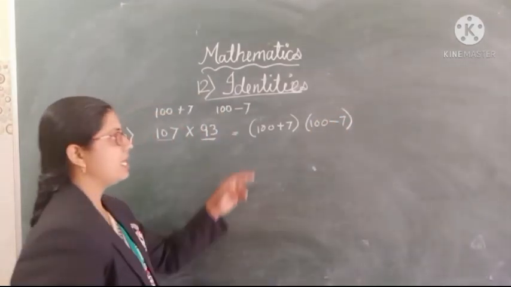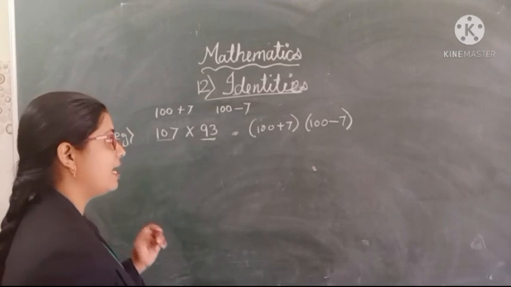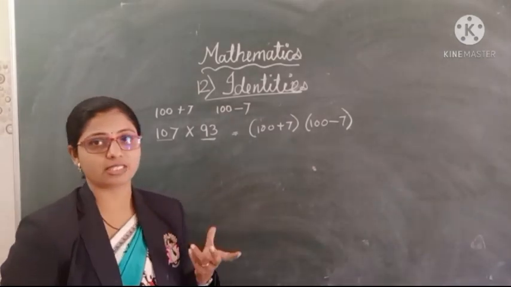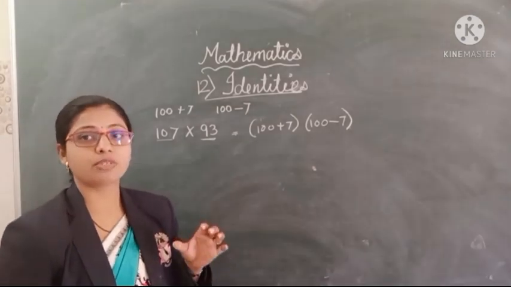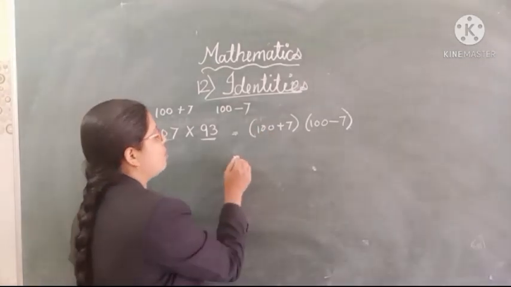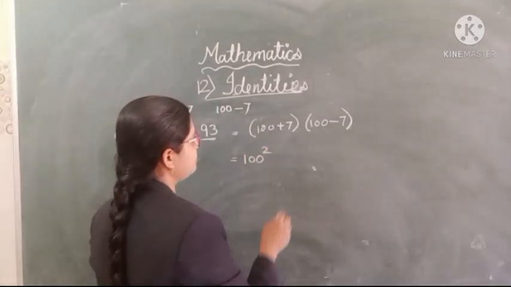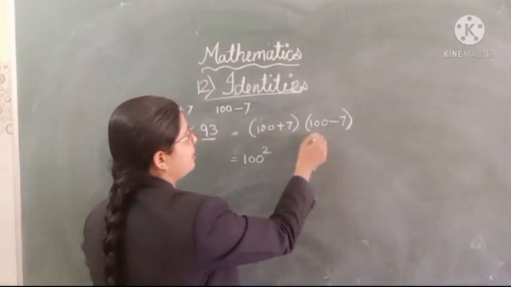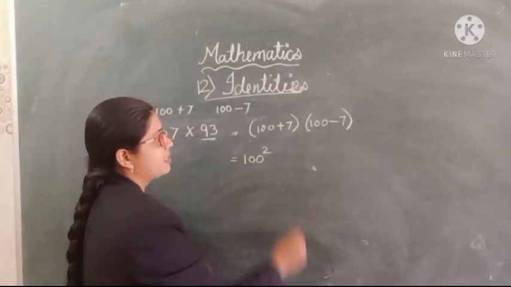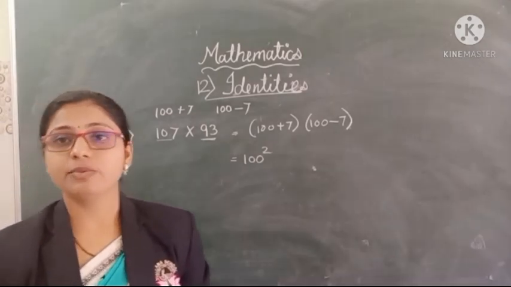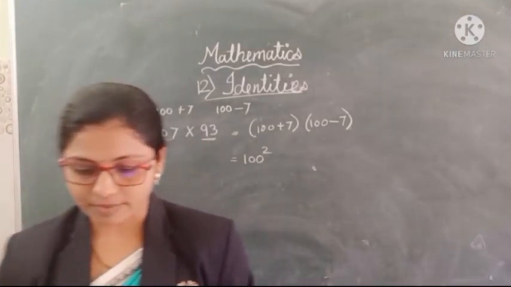So what will be the answer for this? Yes, as we have seen in the first example, it will be square of 100, then square of negative 7.